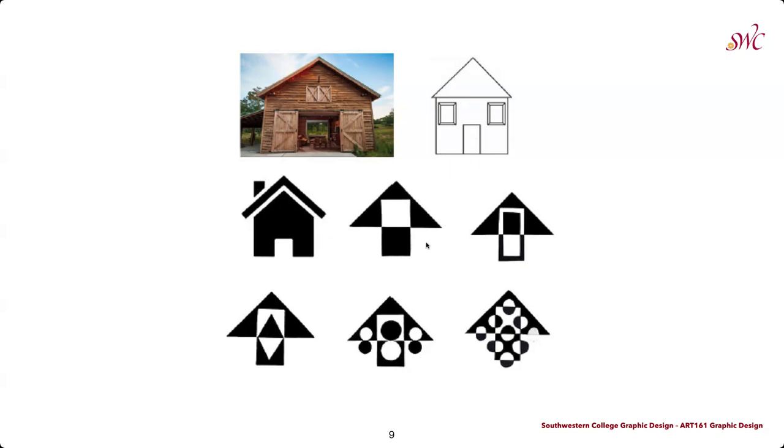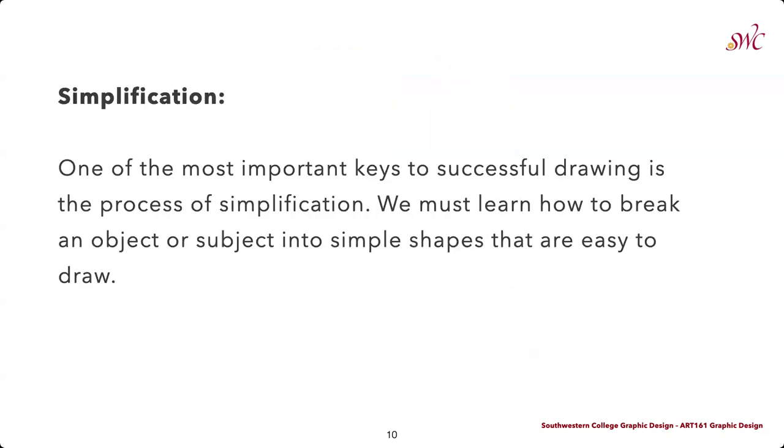Now, as you can see, once you start to abstract that too far, we start to lose the original reference of what that is. So again, going back to that abstraction meter, you want to make sure that you're falling within that middle ground, bringing in elements that represent the form and the object so that the viewer is going to be able to decipher what that is, while at the same time putting in your own stylization.